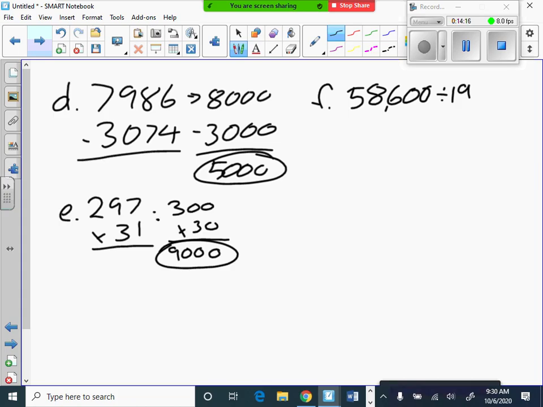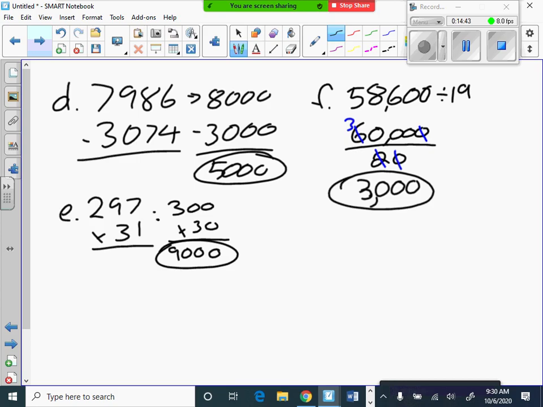Because 20 goes into it. That's exactly why. Your point of estimation is you want to pick numbers it can go into. So I am going to say 60,000 divided by 20. If I do my canceling, 10 goes in, 2 goes into 6, 3, my answer is 3,000.